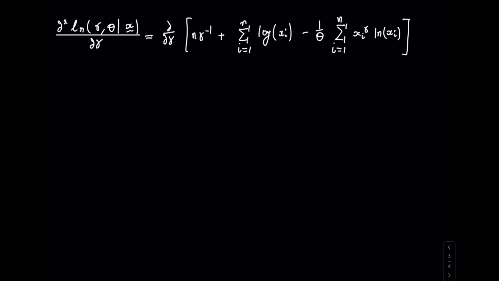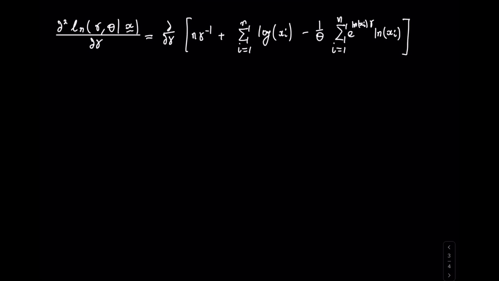That's what I meant to say. And again, this xi to the gamma, similarly to before, we can rewrite as e to the ln xi gamma. Hopefully it's not too difficult to see in the small writing that I've got.